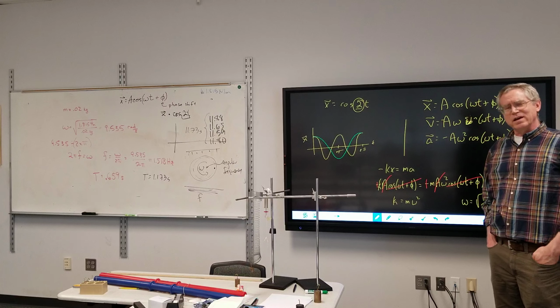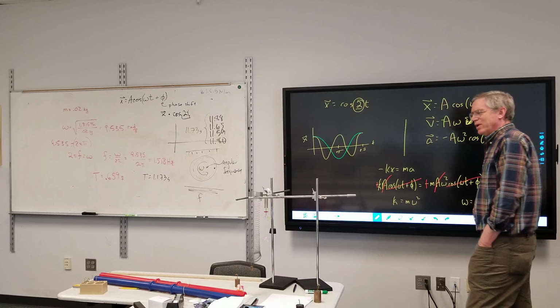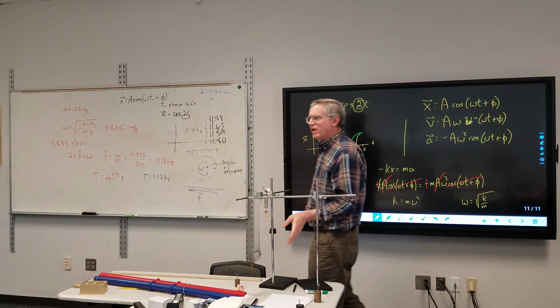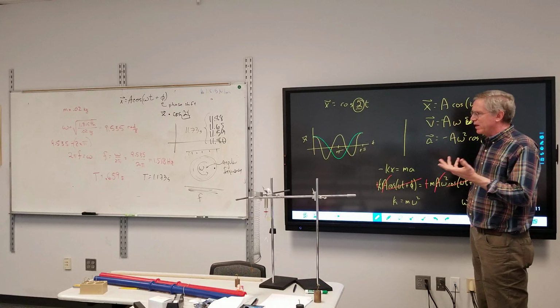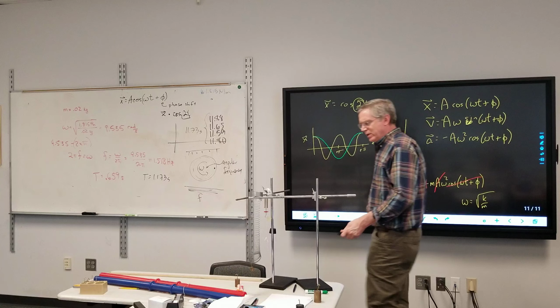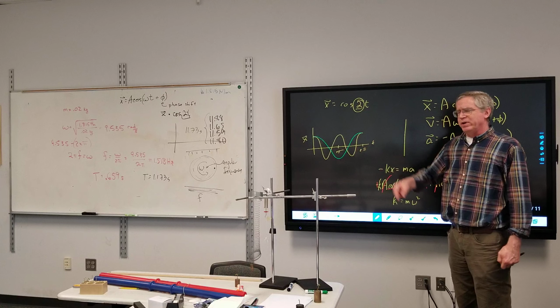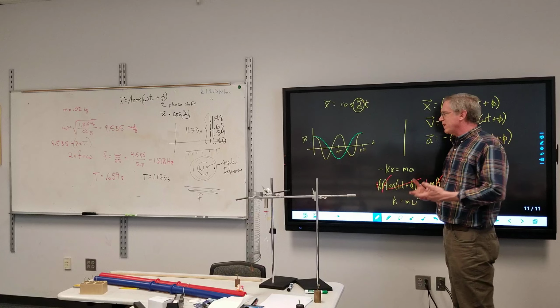Yes, it is not an ideal spring. In an ideal spring, the spring's massless, but the spring does have mass. So we have to figure out what that effective mass is, and that'll help us make our predictions. What we're going to do is work backwards. I know what the experimental period is, and from that I can figure out what the effective mass is.